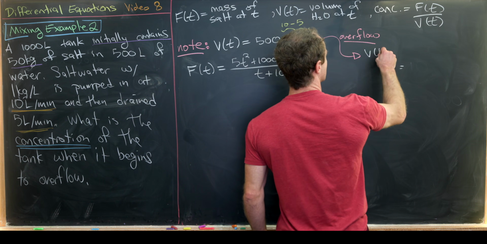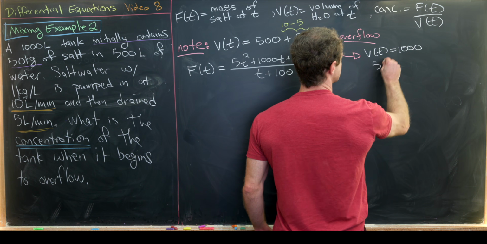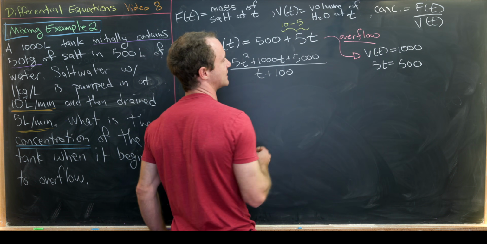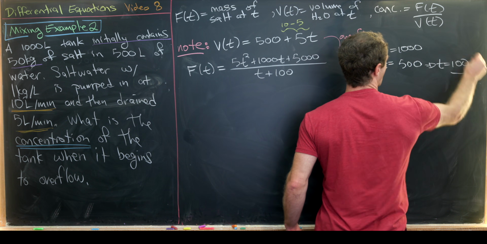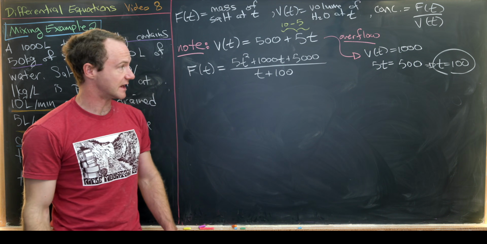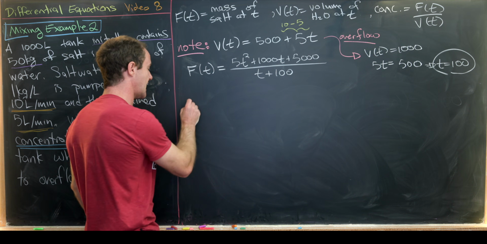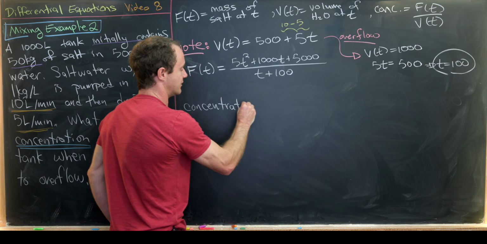So we need the volume of T, like I said, to be equal to 1,000, but that means we need 5T to be equal to 500, just by moving things around here. That means we need T to be equal to 100. Okay, nice. So we're looking for the concentration of the tank at time T equals 100.